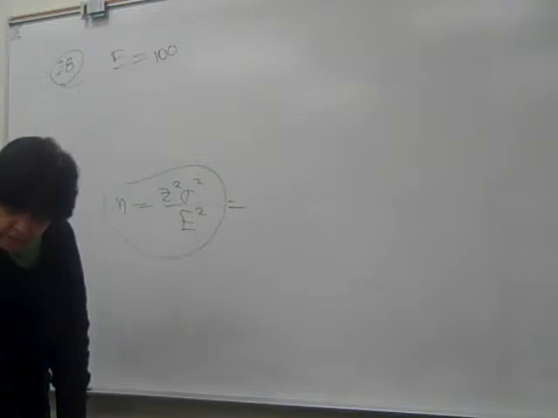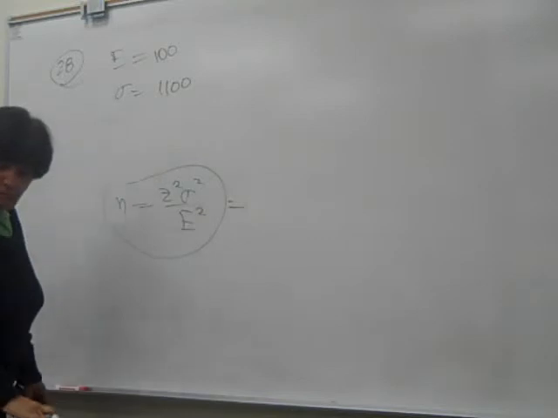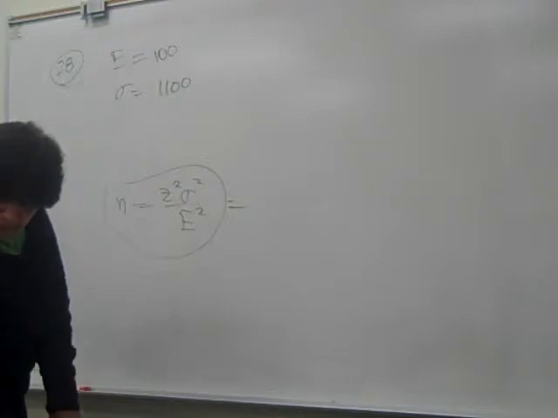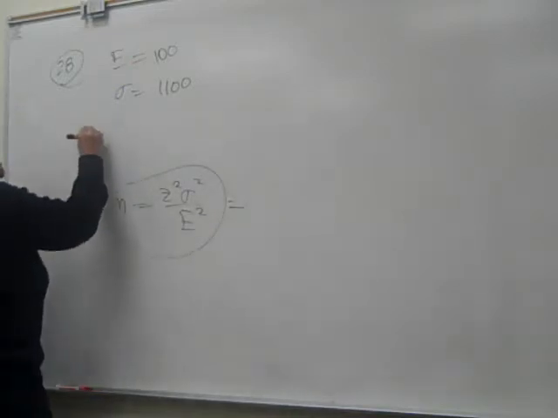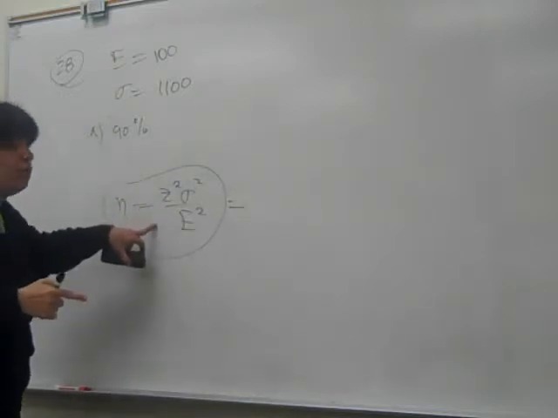We use 1100 as a planning value of standard deviation. Okay, so sigma is equal to 1100. And what is the sample size if they want to reach a 90% confidence? So we're going to use this formula.